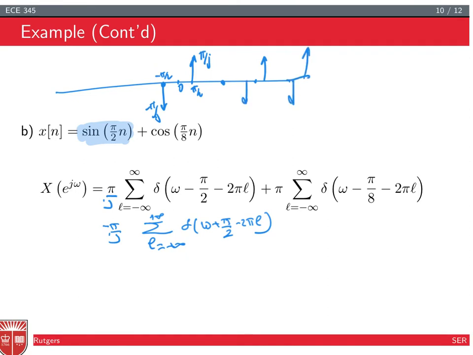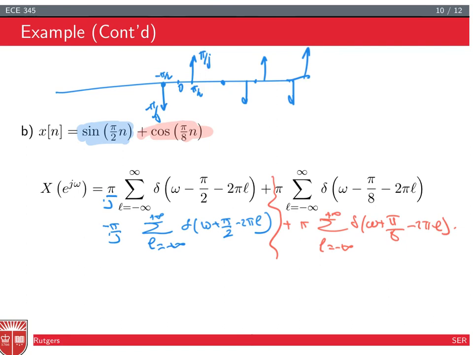So we did last time the DTFT of the sine and cosine. Let me do the cosine also. It is missing the other part here, so I'm going to do it in red. Here, plus pi sum L equal minus infinity to plus infinity delta omega plus pi by 8 minus 2 pi L. The way to realize this, in the back of my mind, I'm just applying Euler's formula.